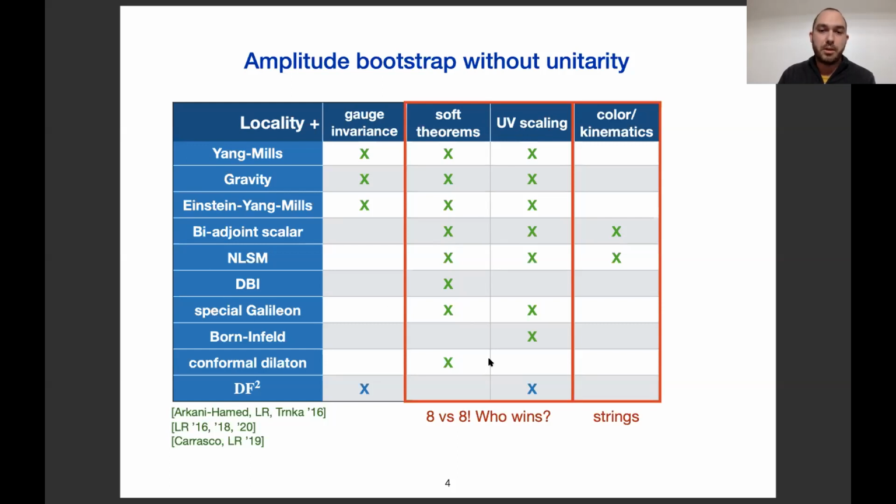Almost every theory here is fixed by one of these or both, with some very strange exceptions, Born-Infeld and DBI, but that's the way it is. And actually, it looks like it's a tie. It's 8 versus 8. So do we have a winner between these? By the end of this talk, actually, yes, we'll have a definite winner between these.